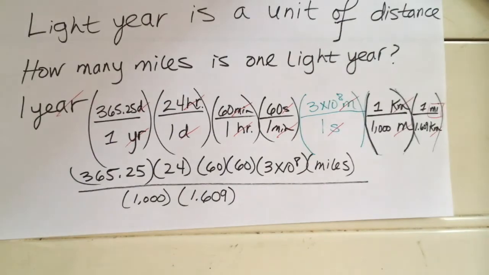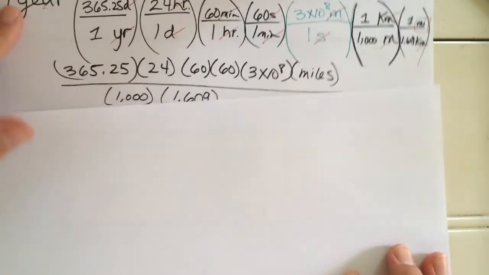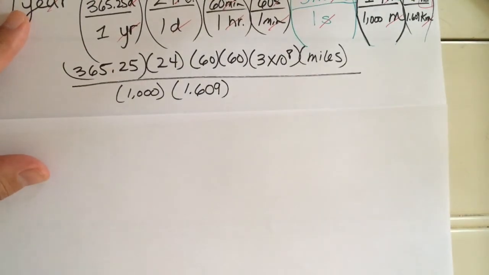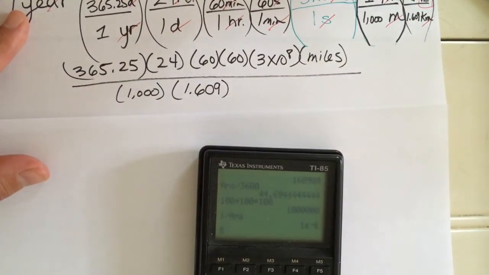Kind of running out of room, so let me get another sheet of paper. All right, so I'm thinking we'll just multiply the top across first. Start with 365.25 times 24 times 60 times 60.